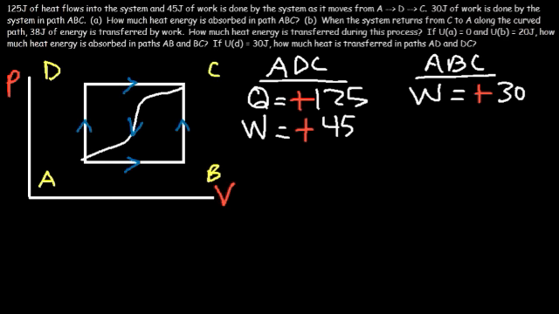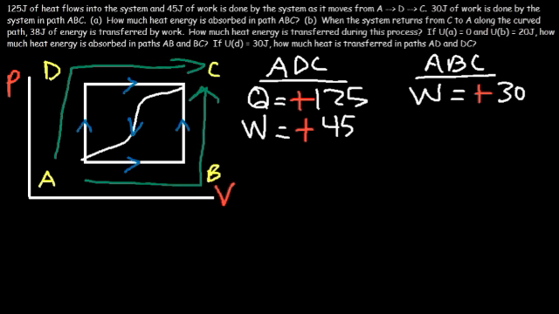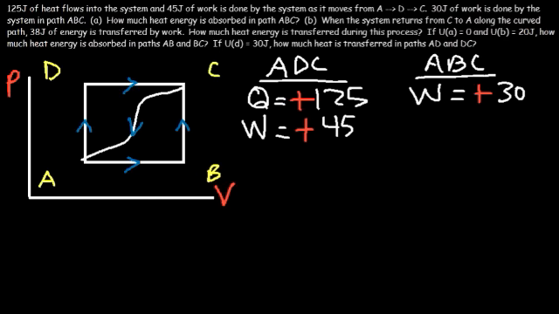To answer this question, it's important to realize that internal energy is a state function. The change in the internal energy in going from ABC or ADC is the same. So if we could find delta U for this path, we can use it to find Q in path ABC.